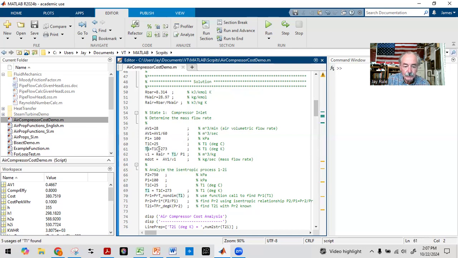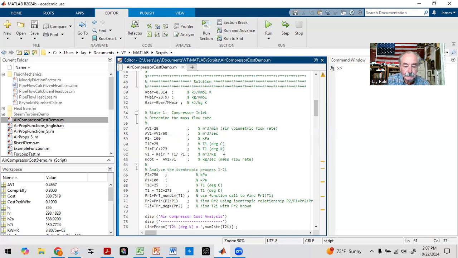T1 is T1C, which was 25, plus 273. So you see, I'm trying to explain my work as I go. I'm trying to document what I'm doing so others can follow along, not just myself. And I might remind myself, because I might get this nearly similar question by a different manager with slightly different inputs next month.